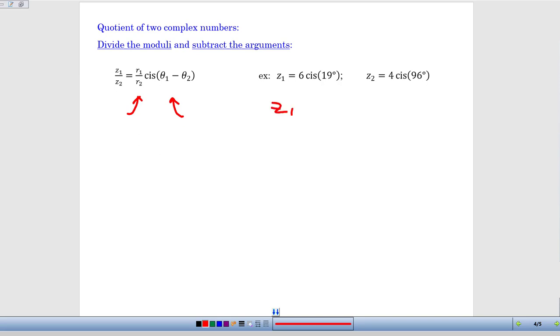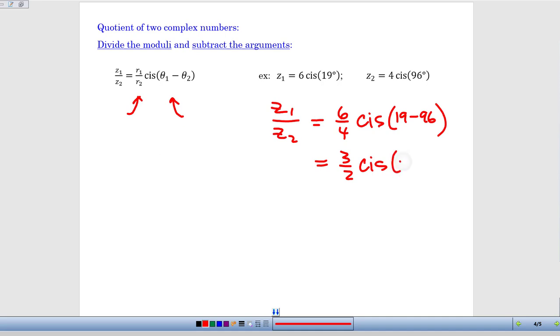So in this case, if we want to divide z1 by z2, we're going to take 6 over 4 cis, and then 19 minus 96. So we can clean that up into 3/2 cis, and then 19 minus 96 is going to be negative 77 degrees.